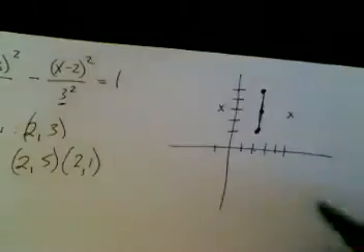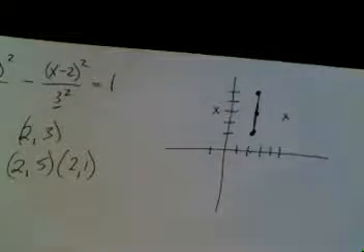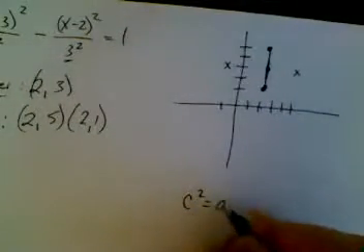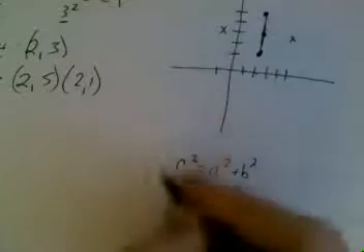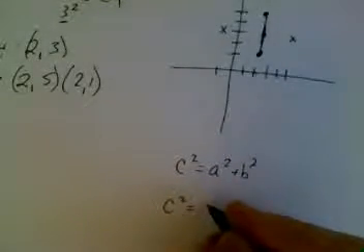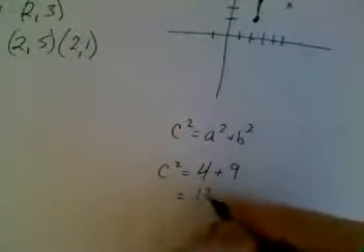Now, let's talk about where the foci and the asymptotes are. The foci, remember, are based on the formula c squared is equal to a squared plus b squared, not subtraction, because the subtraction point is here. So if I'm looking at this, I have c squared is equal to 4 plus 9, which is actually a nice value of 13.